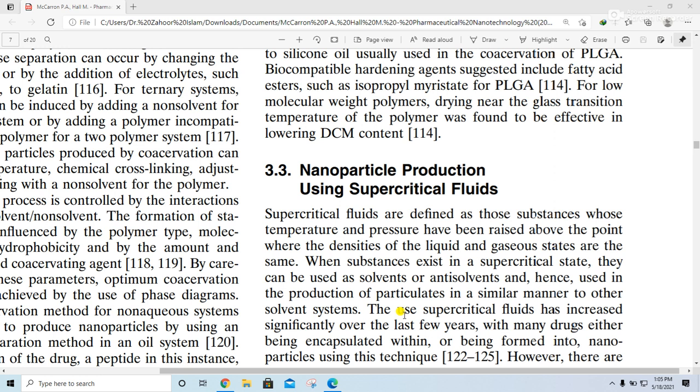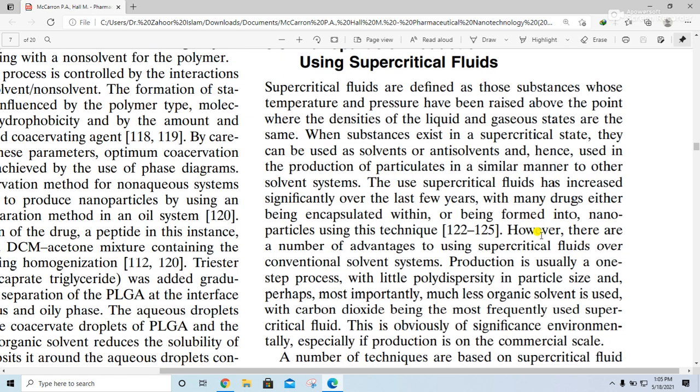The use of supercritical fluids has increased significantly over the last few years, with many drugs either being encapsulated within or being formed into nanoparticles using this technique. However, there are a number of advantages to using supercritical fluids over conventional solvent systems.